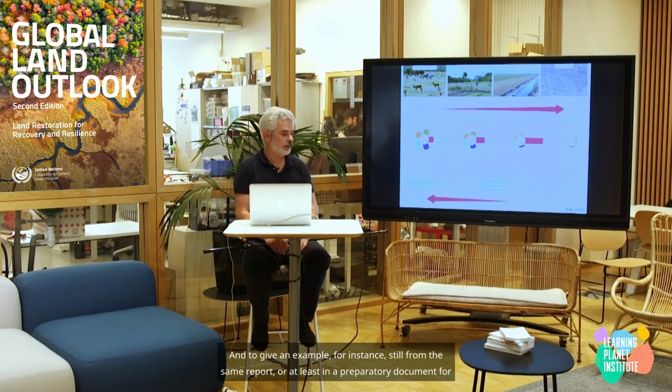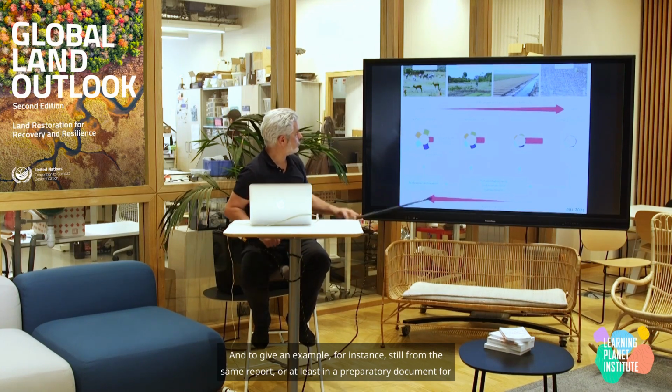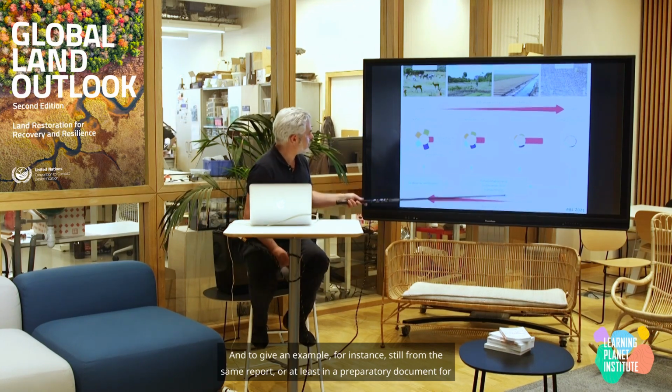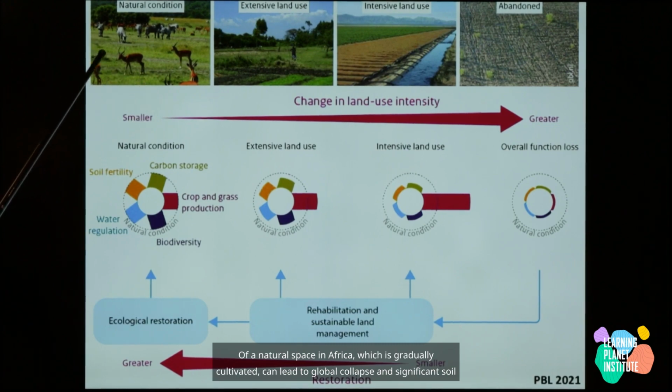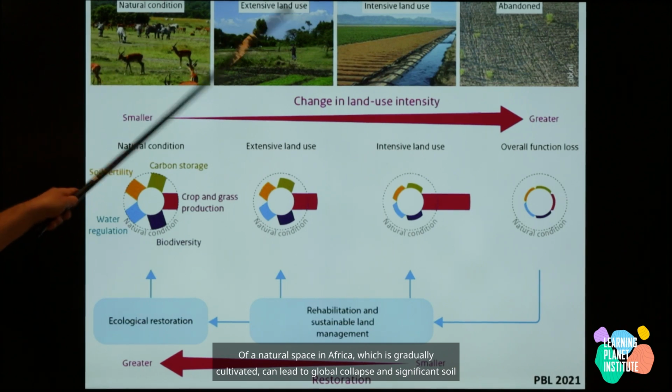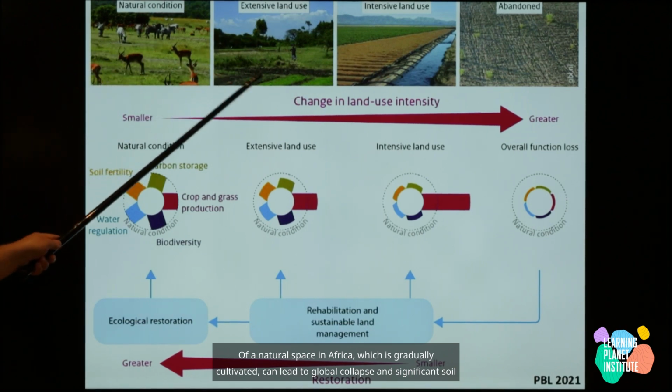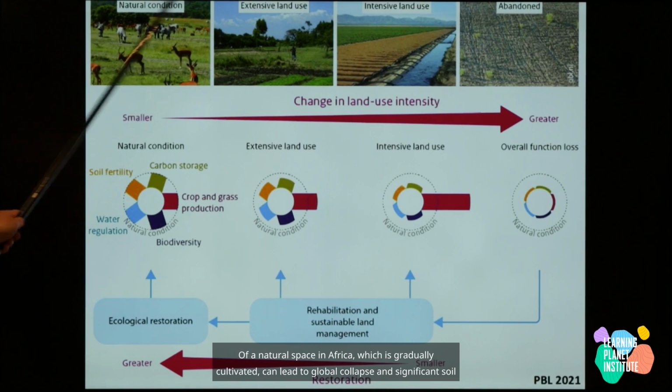And to give an example, for instance, still from the same report, or at least in a preparatory document for the report, if we take the specific particular case of a natural space in Africa, which is gradually cultivated, it can lead to global collapse and significant soil erosion as its use intensifies.